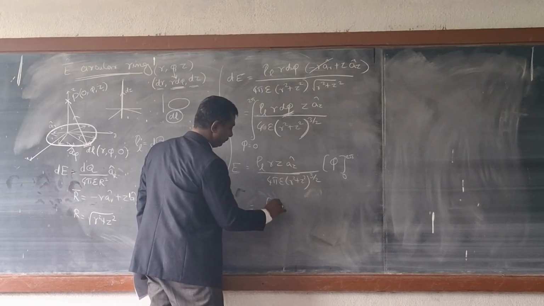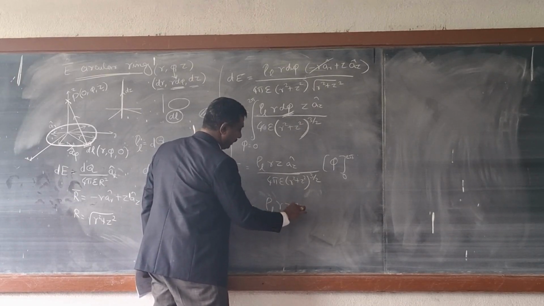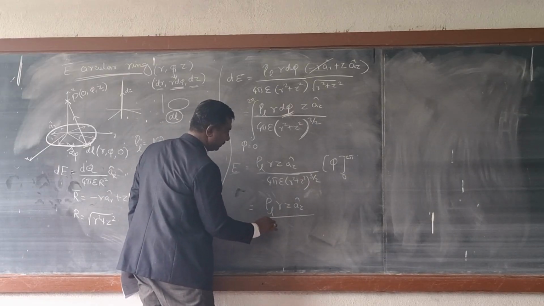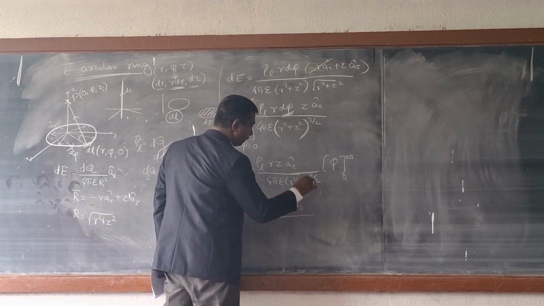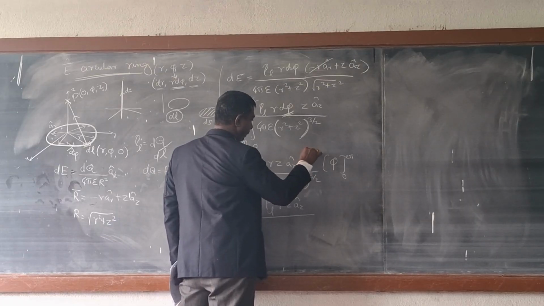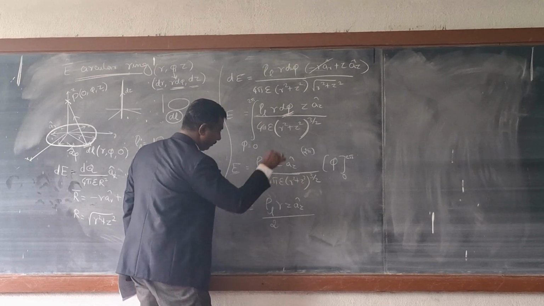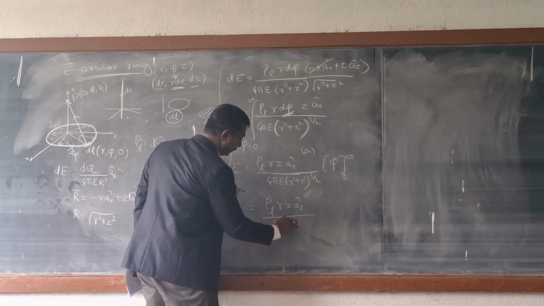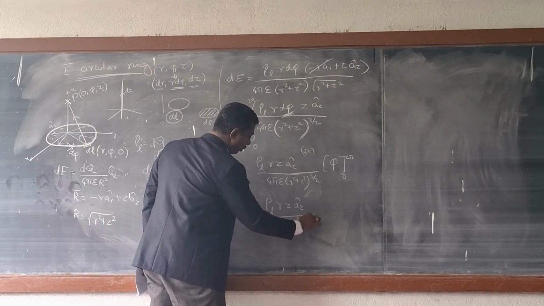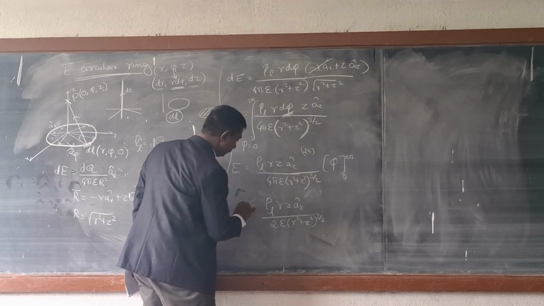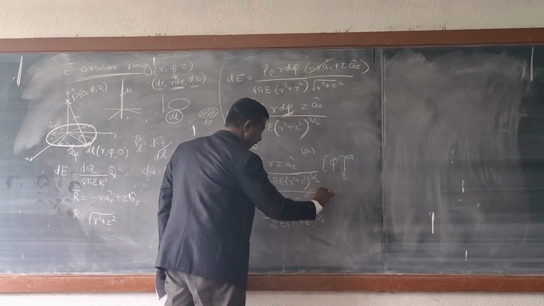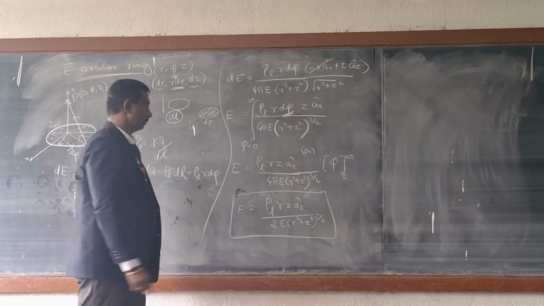So rho l r z a z cap divided by 4 pi epsilon r square plus z square whole power 3 by 2, multiplied by 2 pi. The 2 pi and 4 pi will get cancelled. This is the expression of E, right?